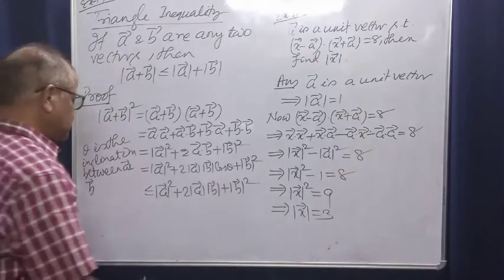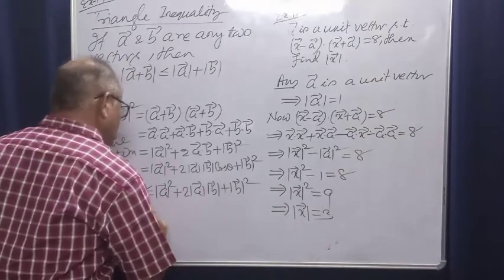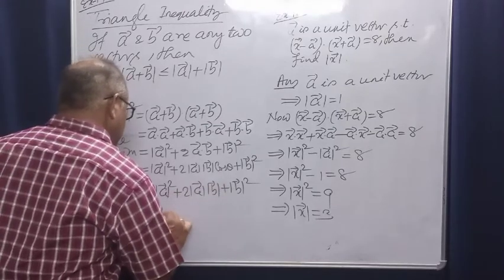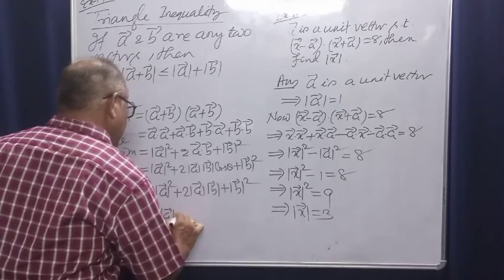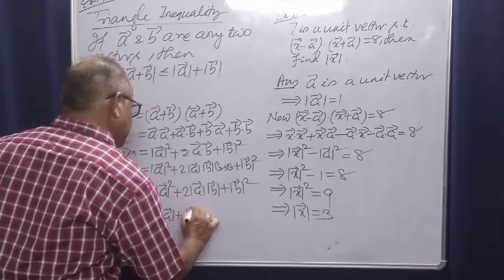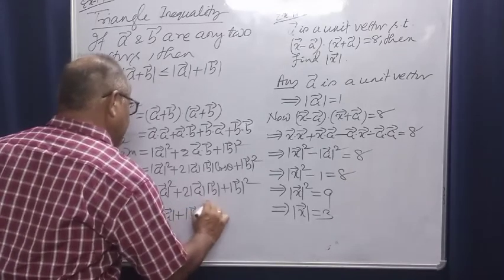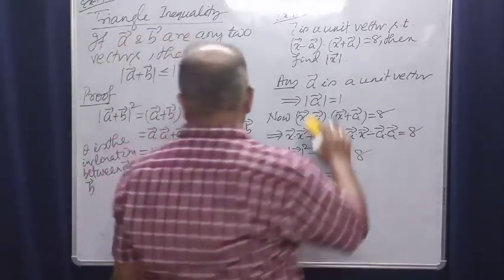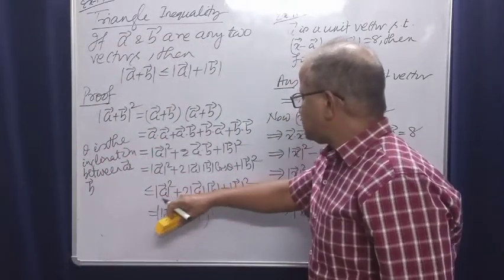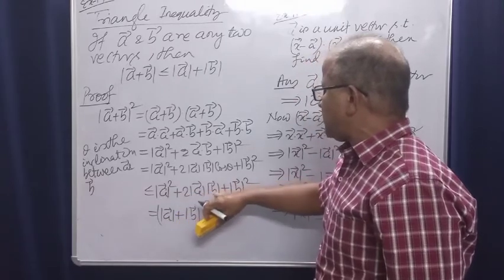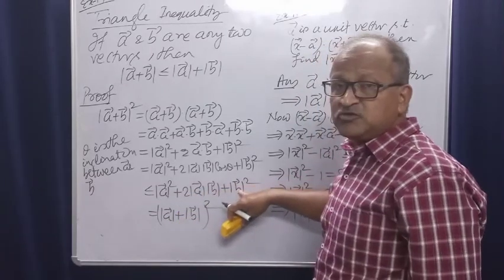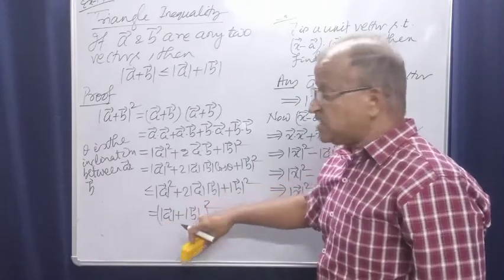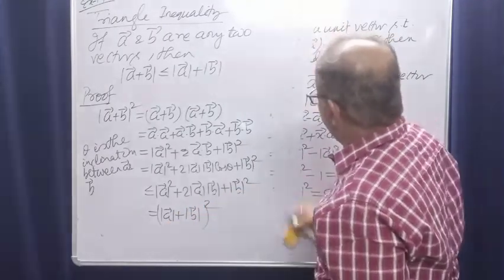Right? So, this is equal to magnitude of A plus magnitude of B whole square. Magnitude of A square plus 2 into magnitude of A, magnitude of B plus magnitude of B square, that is magnitude of A plus magnitude of B whole square.